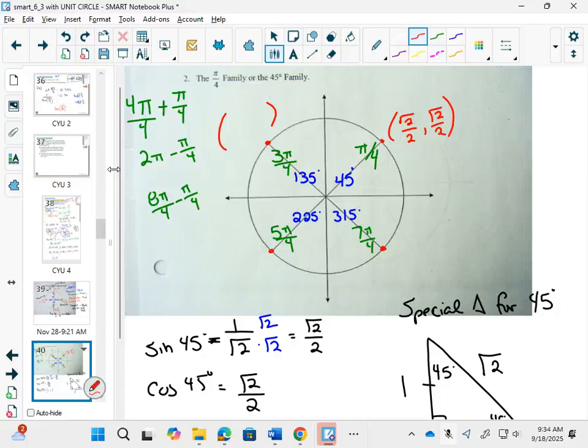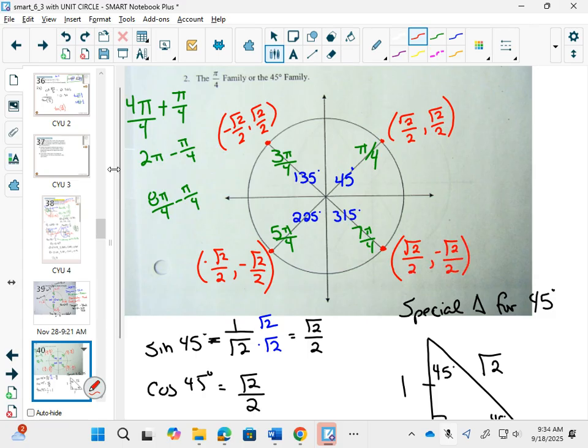Does it make sense that if I go into quadrant 2, my x value will all of a sudden become negative because I'm going to the left, but my y value is still positive? And in quadrant 3, my x value would be negative and my y value would be negative. And in quadrant 4, my x value would be positive, but my y value would be negative.